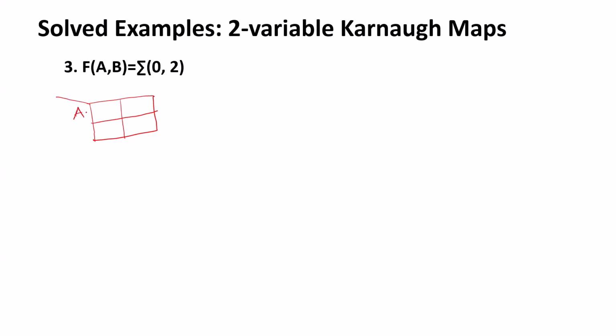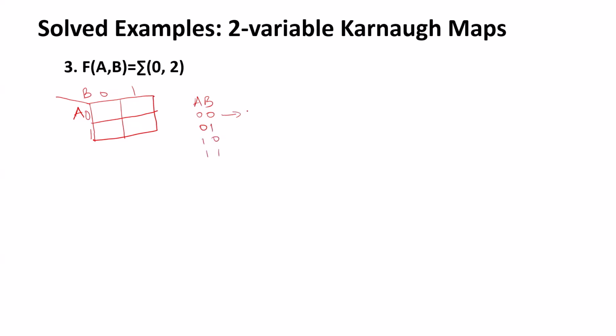We have A here, which is 0, 1. We also have B here, which is 0 and 1. Then we have the AB, which we have as 0 0, 0 1, 1 0, and 1 1.